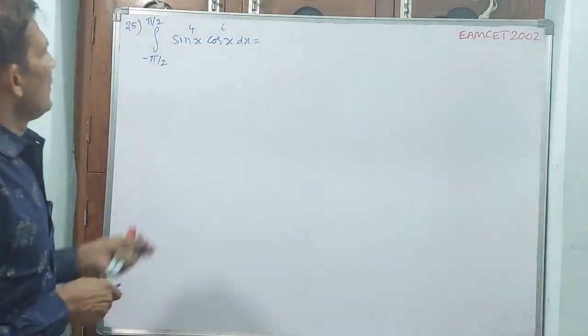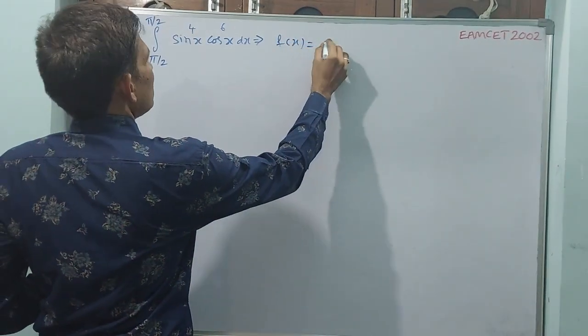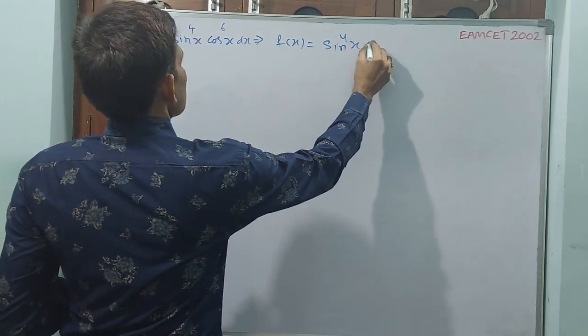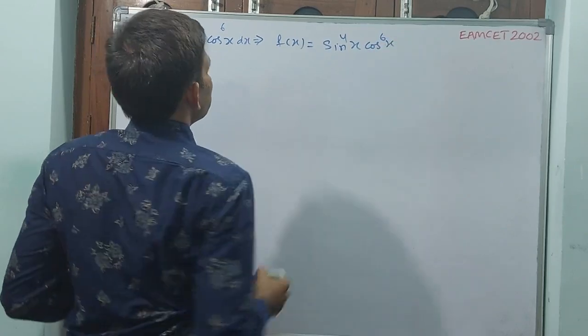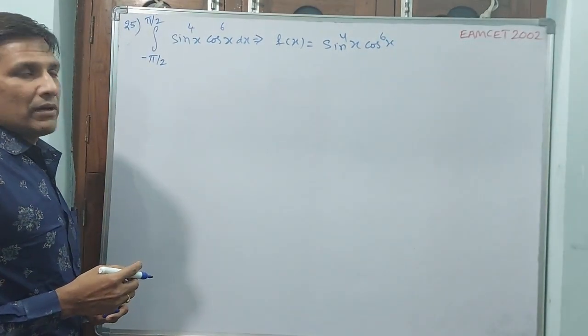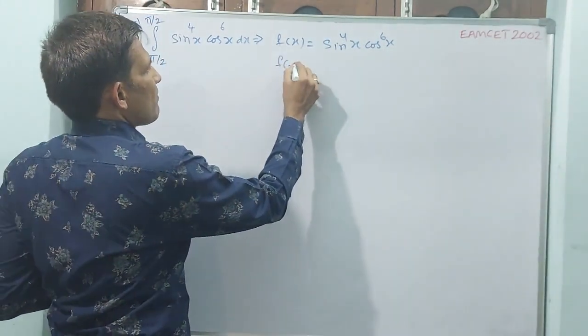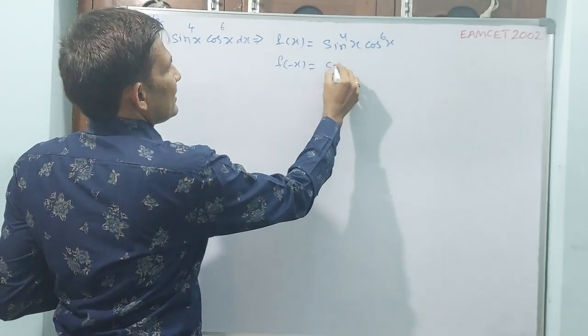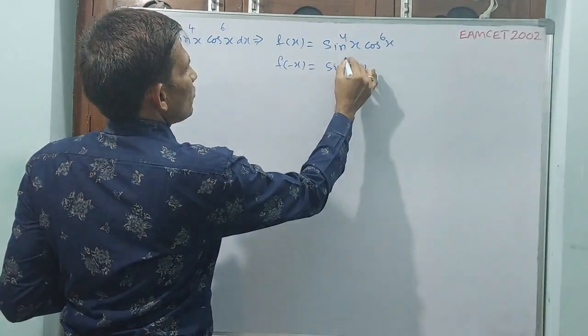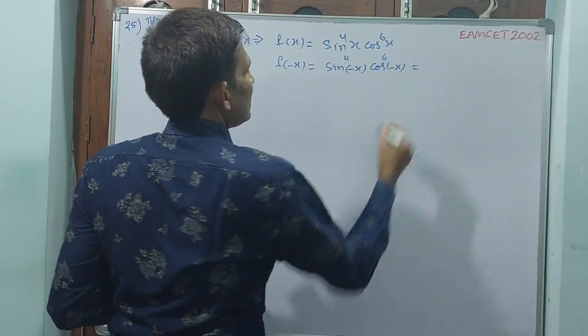Now what I am doing, let f of x equal to sine to the power of 4x cos to the power of 6x. Then what about f of minus x? Sine of minus x whole to the power of 4, cos of minus x whole to the power of 6.